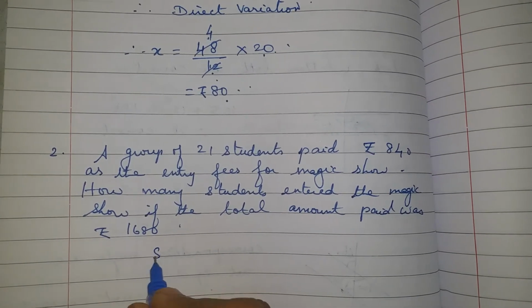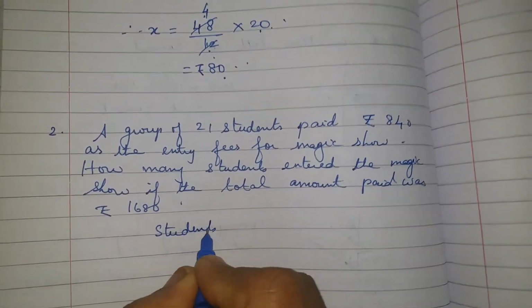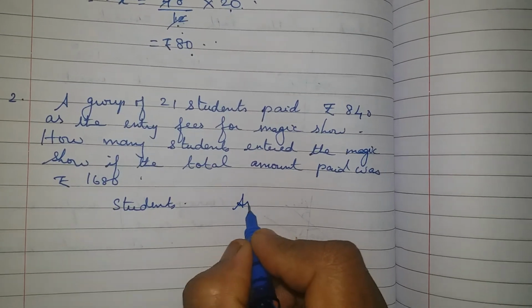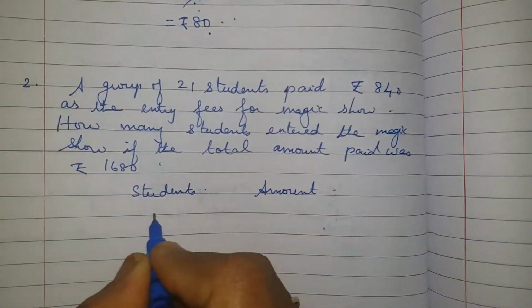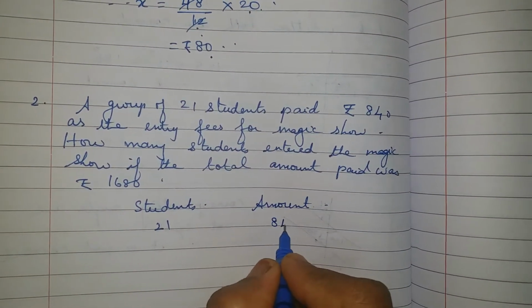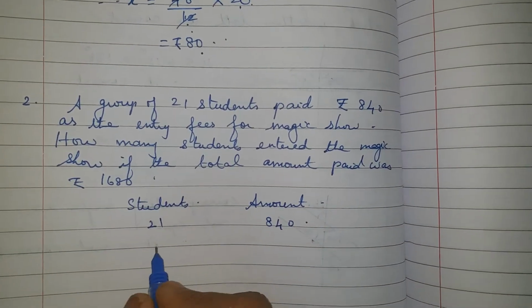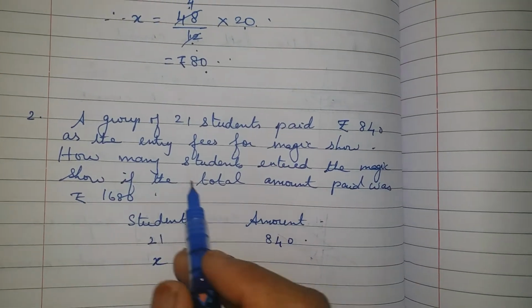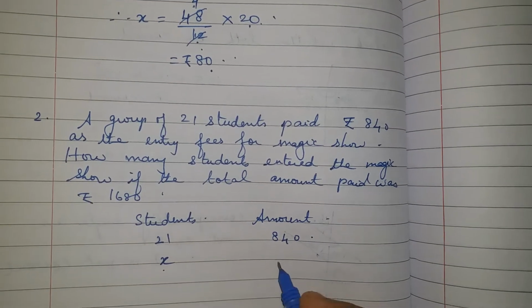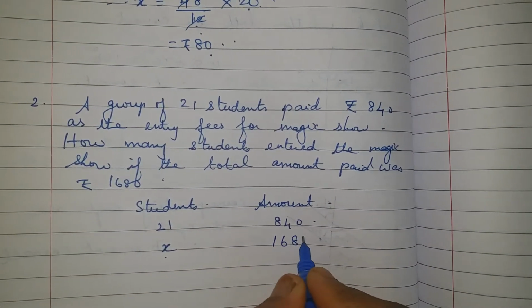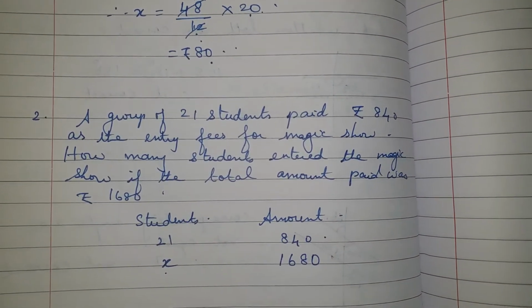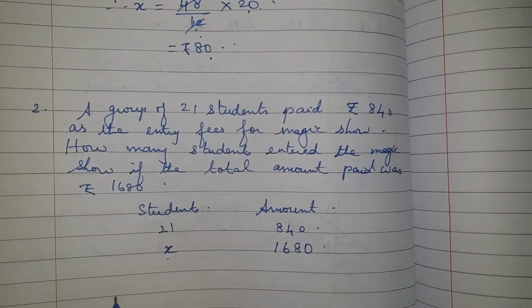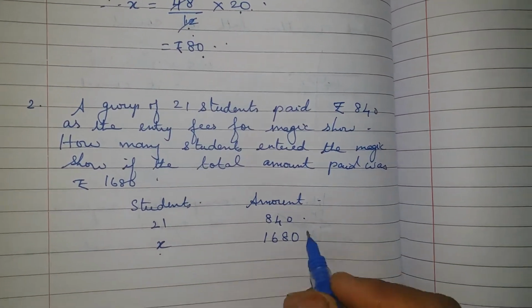So you write here students, then amount. The students is given as 21, the amount paid is 840. They have asked you to find out the number of students who entered, so that is x. For the amount of rupees 1680.